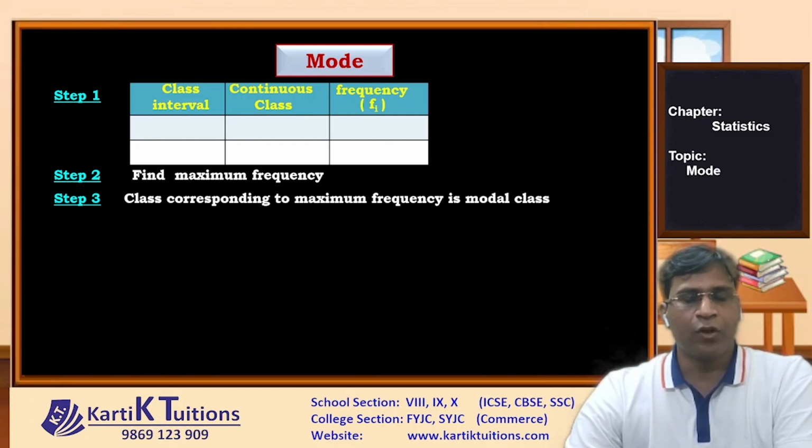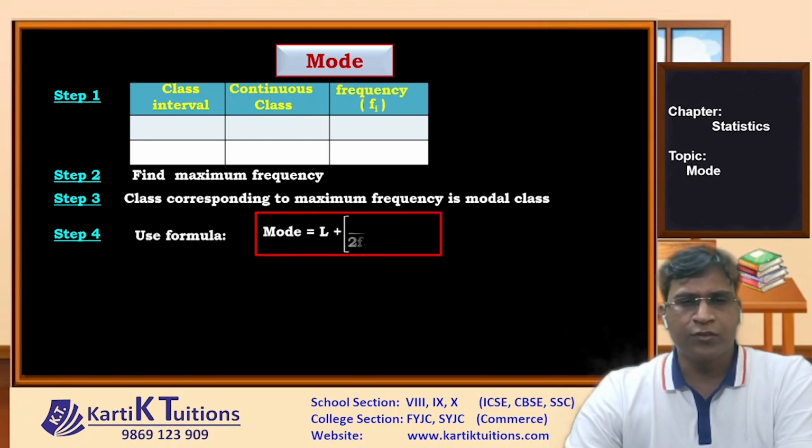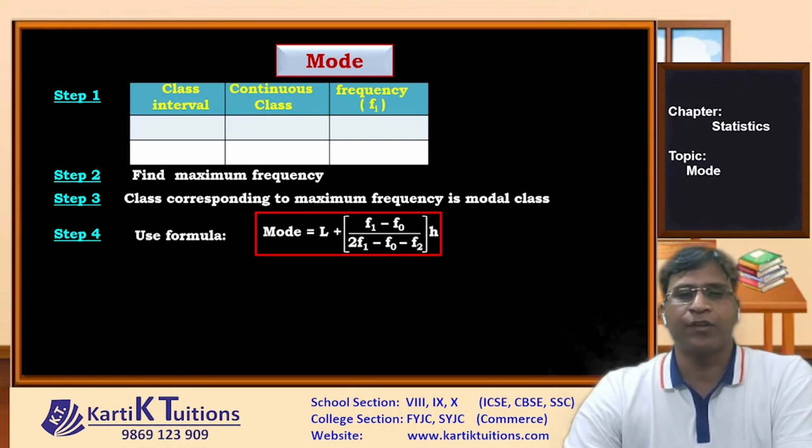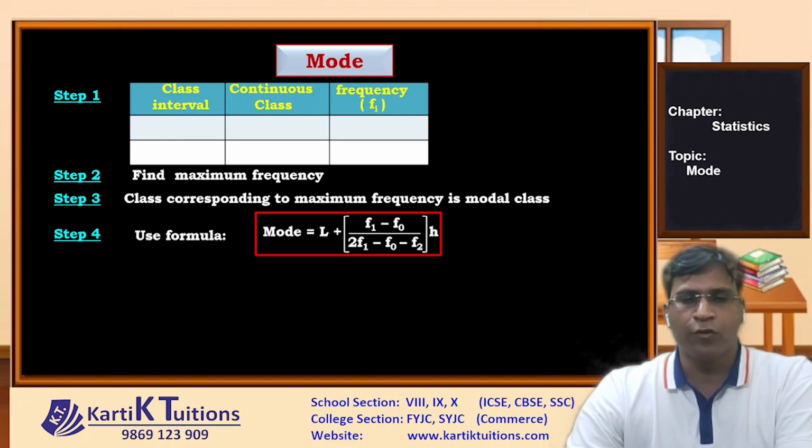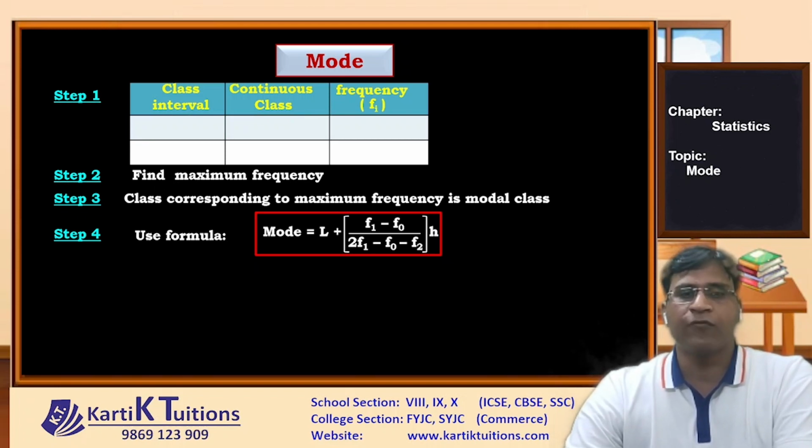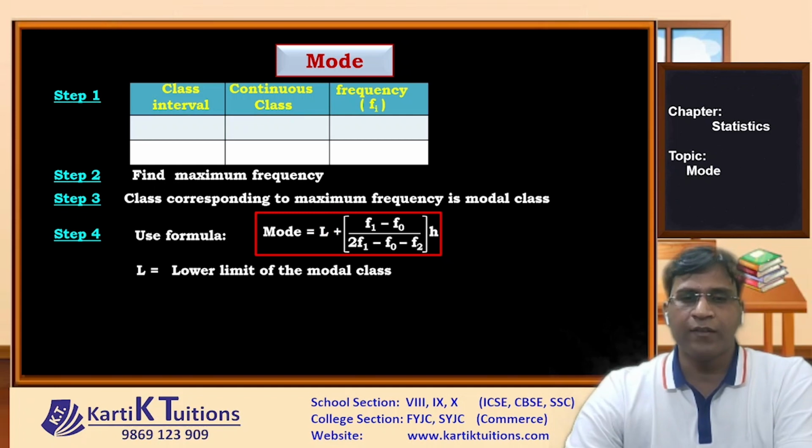After that, we'll have a look at the formula. The formula is also again a small and easy one. Mode is equal to L plus (F1 minus F0) upon (2 F1 minus F0 minus F2) into H. It looks a little scary but is manageable. Here, L stands for the lower limit of the modal class.